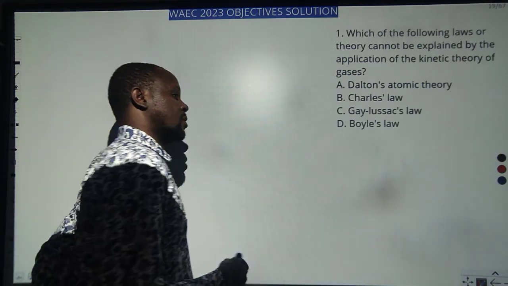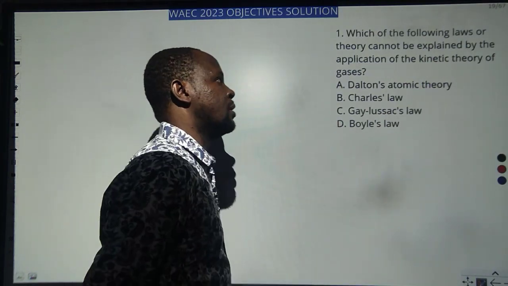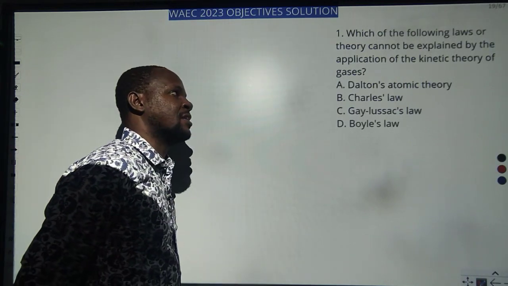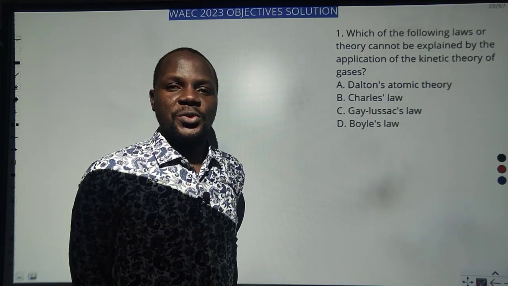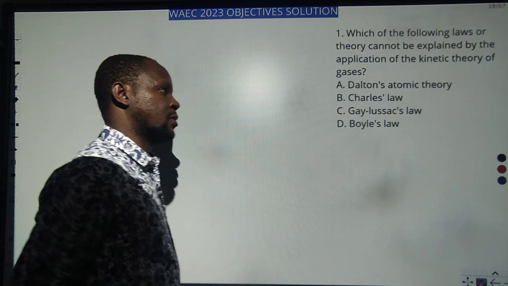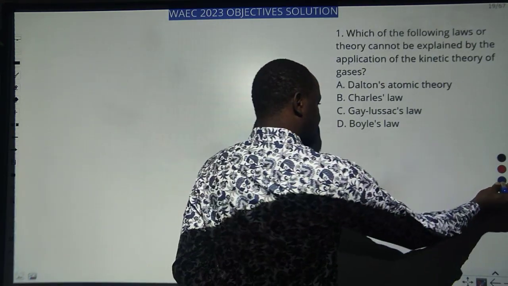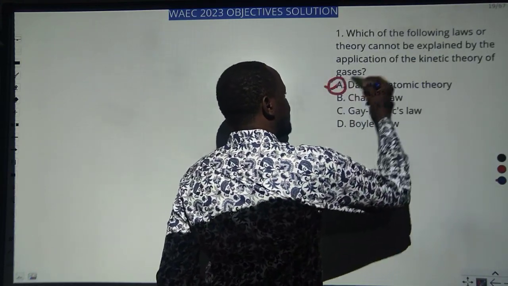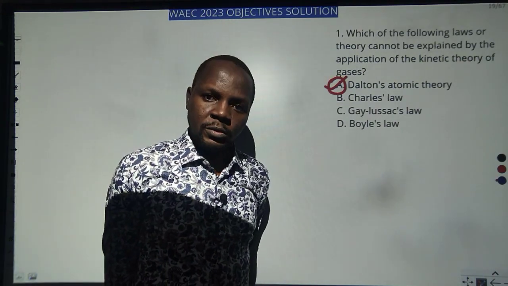The first one says, which of the following laws or theory cannot be explained by the application of kinetic theory of gases? Now, these are laws you have studied before in your junior classes. Dalton's atomic theory is not under the topic of kinetic theory of gases, because you and I know that Dalton's atomic theory is talking about John Dalton's postulate of the atom.